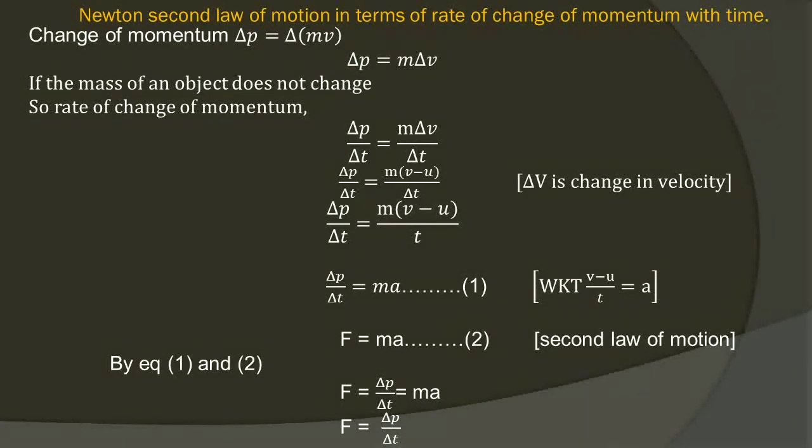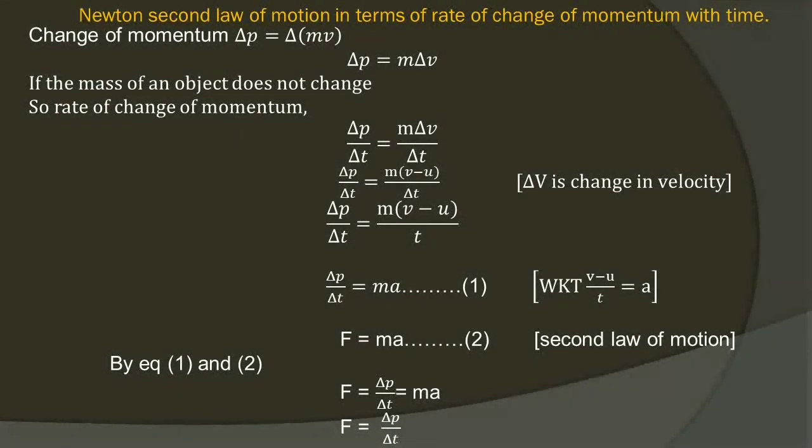So from this step we can write the next step: del p upon del t is equal to m times v minus u upon t. How does it come? Because there is no change in time here. So del p upon del t will be m into a, the product of mass and acceleration, because we know that v minus u upon t is the formula of acceleration.